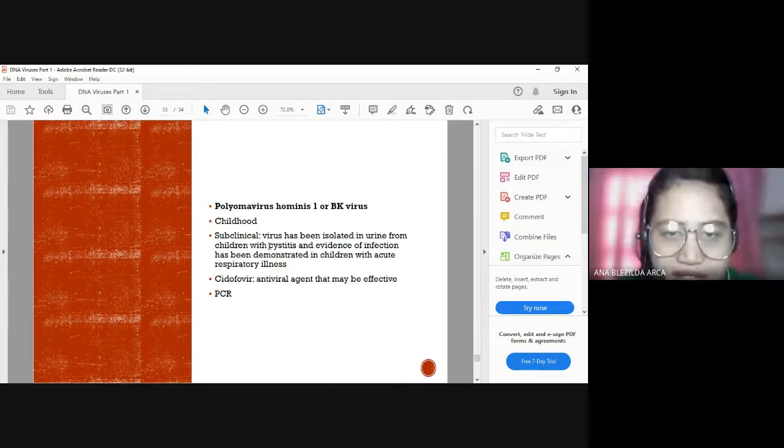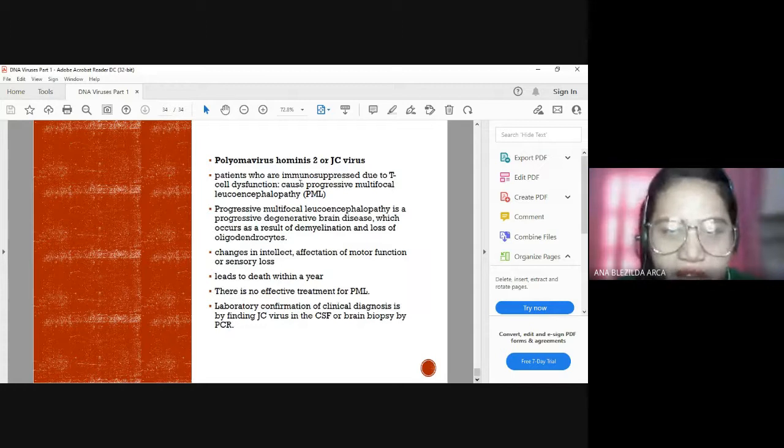Now, for the antiviral agent, just give the children the cidofovir, and then you're going to check infection by performing PCR test. Okay, so yun lang naman kapag BK virus. This is a disease of the childhood. Again, cystitis and respiratory tract infection in children.